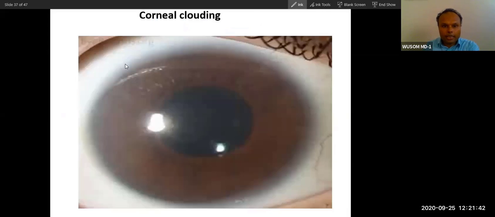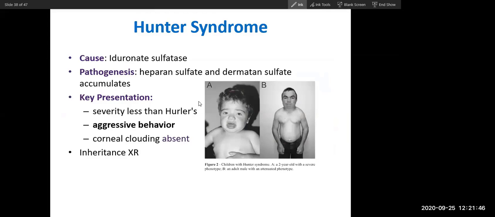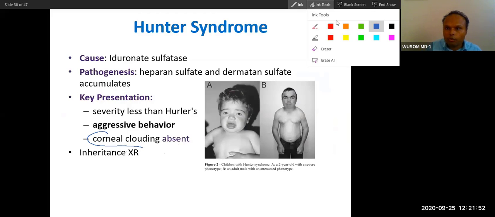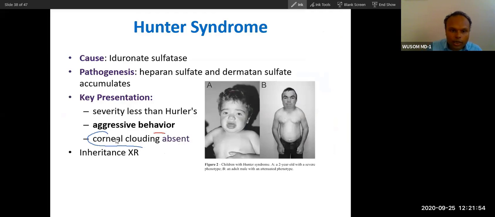Now, you can see this is corneal clouding, and for Hunter syndrome, corneal clouding is not present. This is the very important finding. For Hunter syndrome, in the clinical presentation, corneal clouding is absent. In Hurler syndrome, you will see corneal clouding.